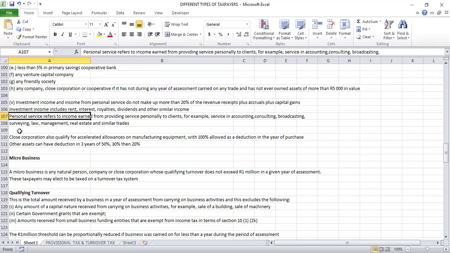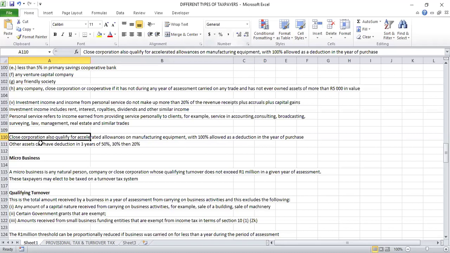Right. They also have special allowances. This one we shall do at a later stage when we do later topics. Close corporations also have special allowances which they earn by virtue of being close corporations on assets which are not available to other companies. So they have special deductions which reduce their tax burden, which they earn by virtue of being small business corporations.